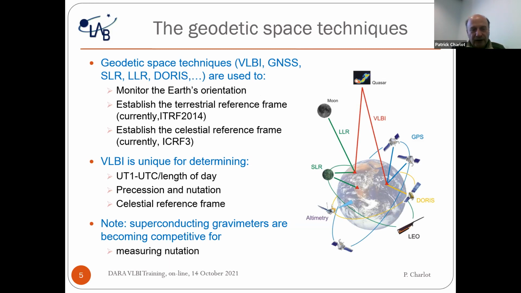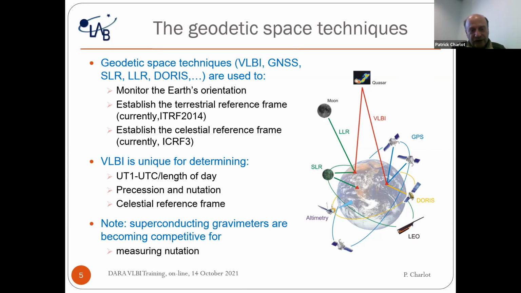And you also have SLR, satellite laser ranging, where you fire a laser from a station on the Earth to a satellite, and then the signal is reflected and comes back to the Earth, and you can measure the time that it takes, and then infer the geometry of the system.